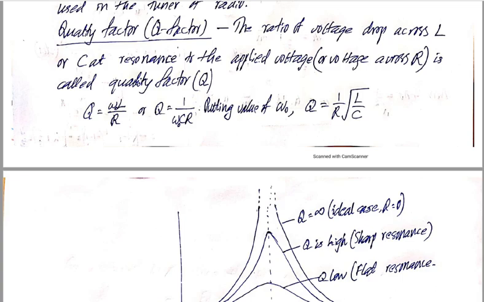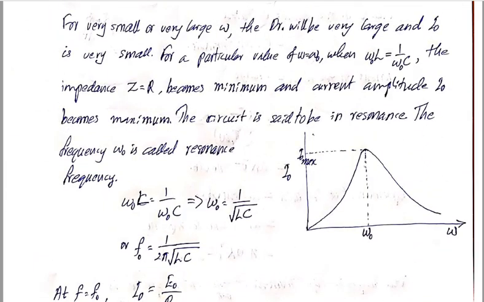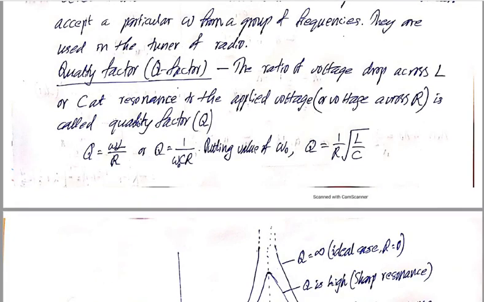Now, putting the value of omega 0 as 1 by root of LC, we get the quality factor as 1 by R into root of L by C. So this is the quality factor in terms of R, L and C. From here we see that the quality factor is inversely proportional to the resistance of the LCR circuit.